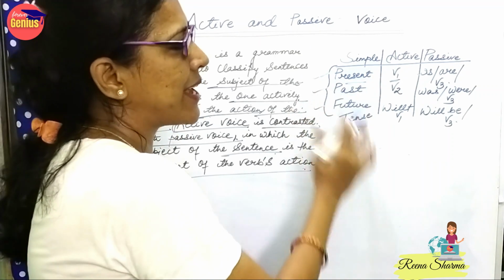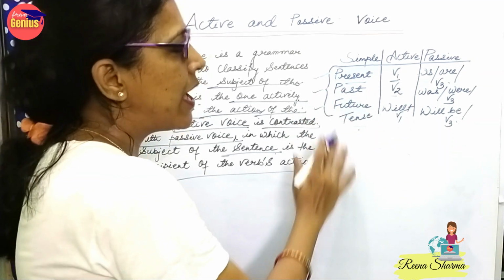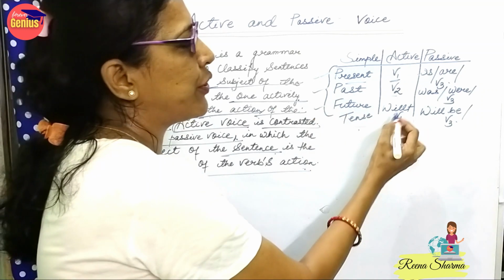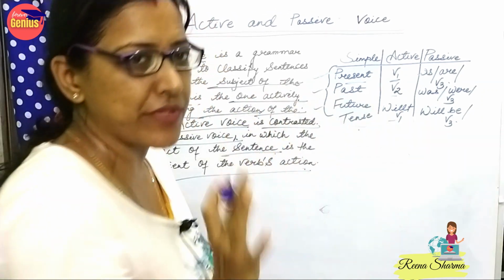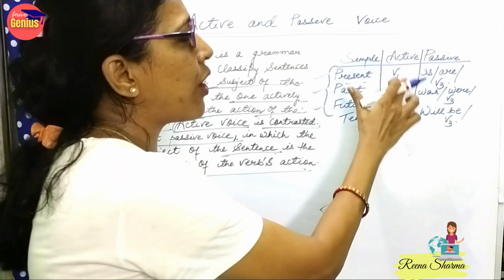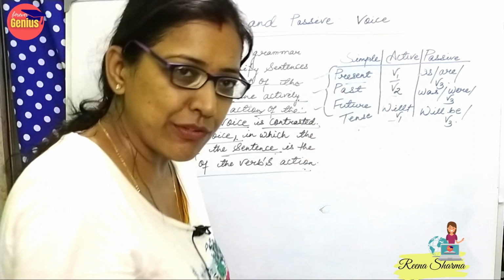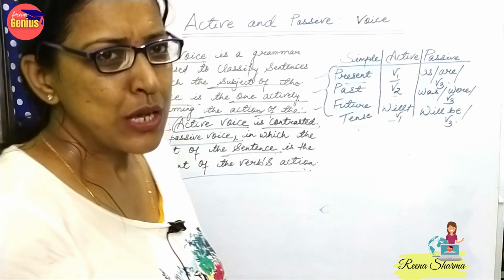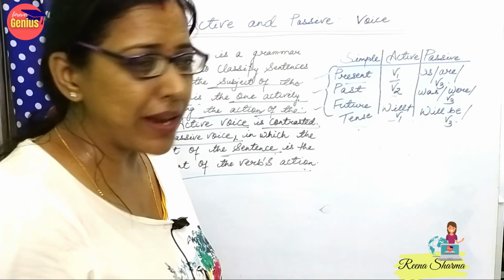In simple past tense, we use the second form of the verb. And in simple future tense, we use will plus first form of the verb. So these all will be coming in case of active voice also. No changes. So see, it became so simple.